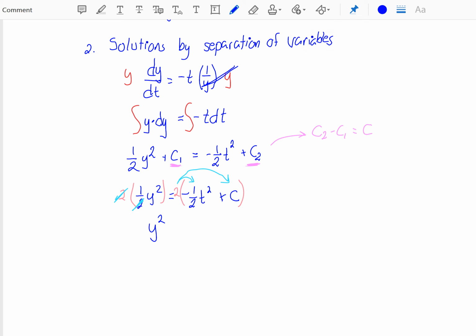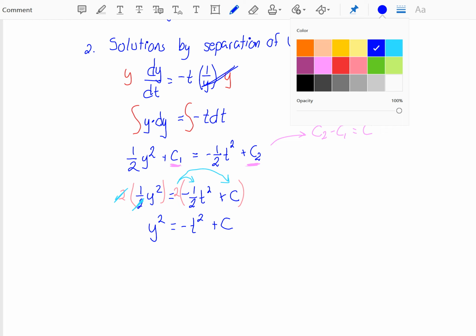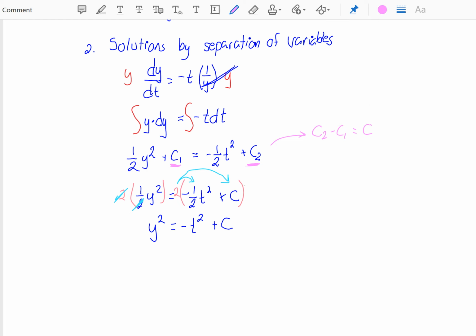So the 2 times the 1/2 t squared would be just negative t squared. And 2 times some constant. Well, since c is some unknown constant, 2 times some unknown constant is still an unknown constant. So here I'm just going to write c. But even though I'm writing just c, I want you to think of this as 2 times some constant is still just some constant.